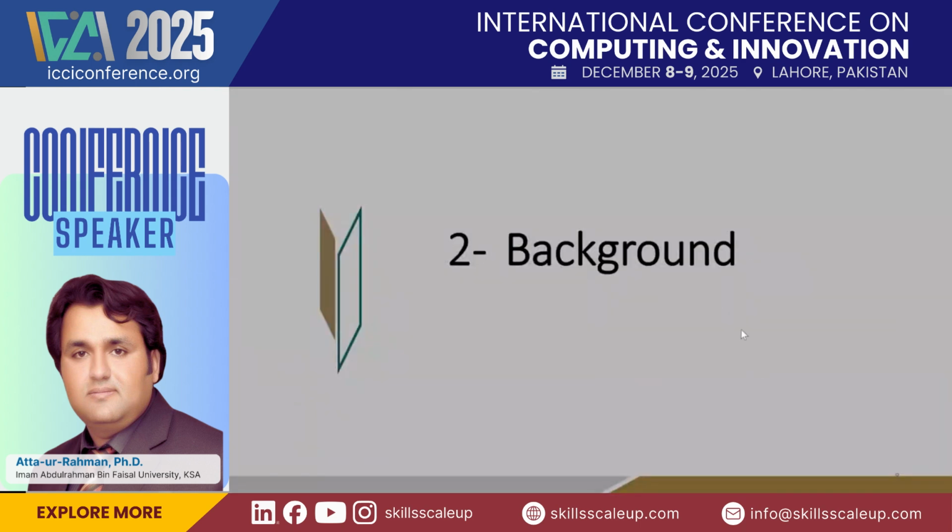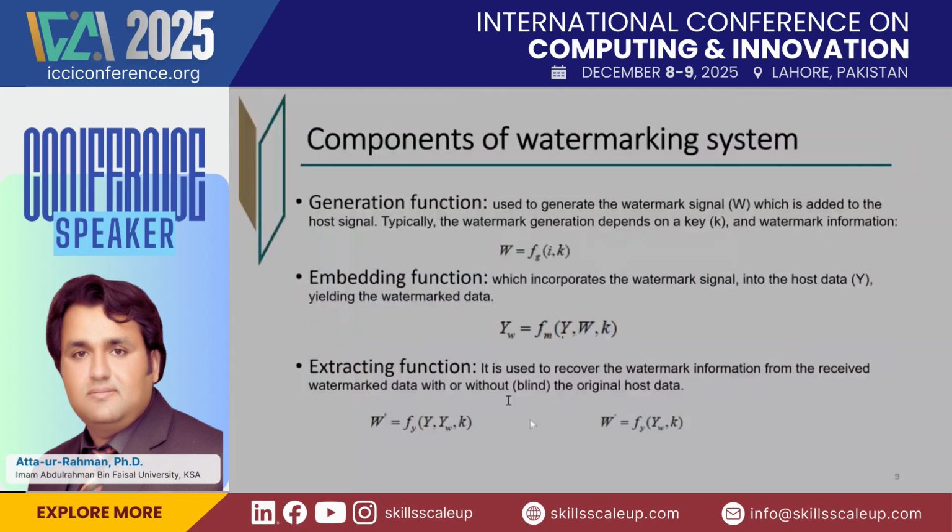So now we'll quickly go through some background, especially for listeners who are new to this terminology or technique, and then we'll move on to the main part of this talk. When we talk about a watermarking system, there are three main components. Firstly, the generation function, which generates the watermark signal itself.